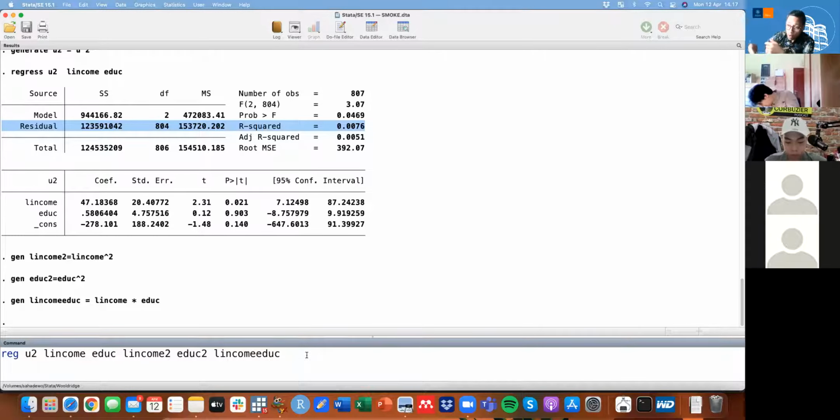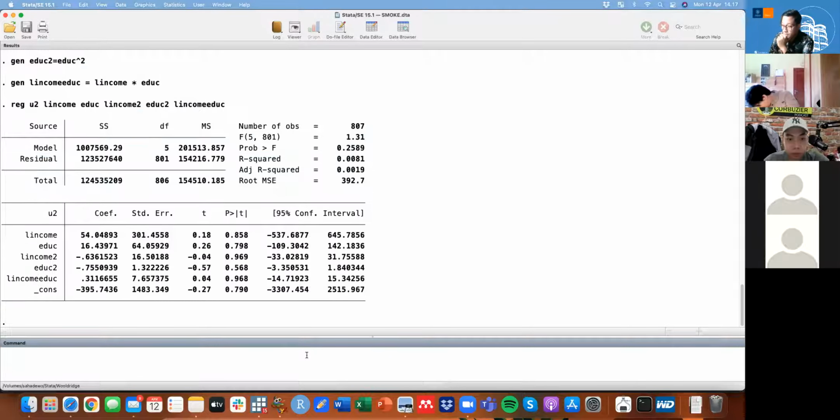So the more variables that you have in the estimating equation, the larger the number of explanatory variables that you need to include in the White test. Okay. So let's run this.